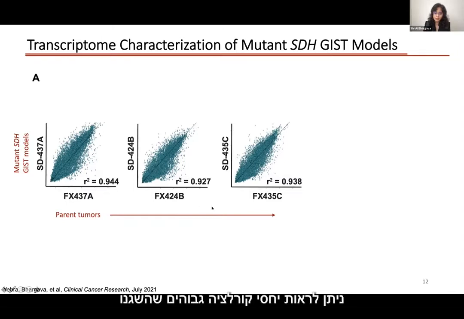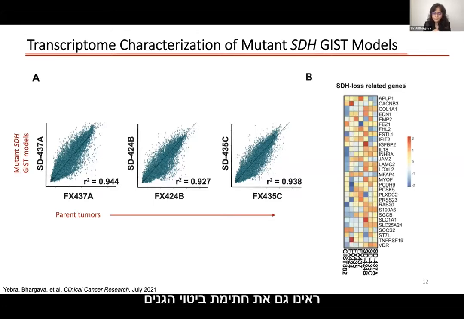You can see the high correlation ratios that we obtained, which essentially suggests that the SDH models we have established are fairly similar to the parent tumors they are derived from. We also saw the gene expression signature associated with SDH loss to be highly present in the parent tumors, as well as in the established cell models, as compared to the KIT mutant cell line.